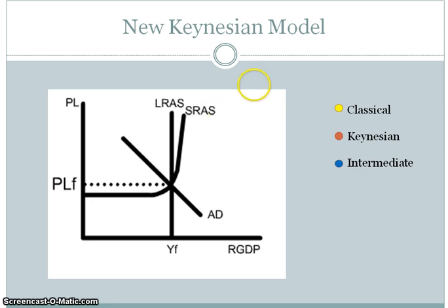The classical model is really about laissez-faire, a hands-off government, and that over time, the prices and the wages would work themselves out and come to that full employment equilibrium. You just had to let them be flexible and move, and they would eventually work their way to this equilibrium point, either lowering if they were too high or rising if they were too low.